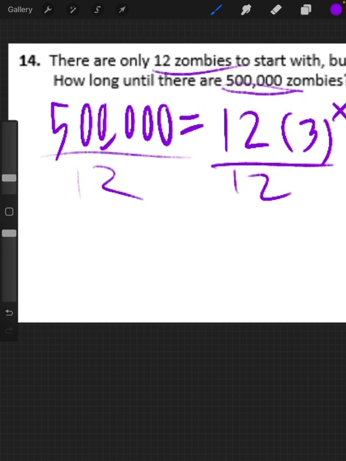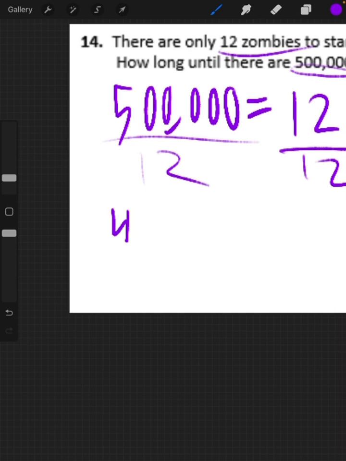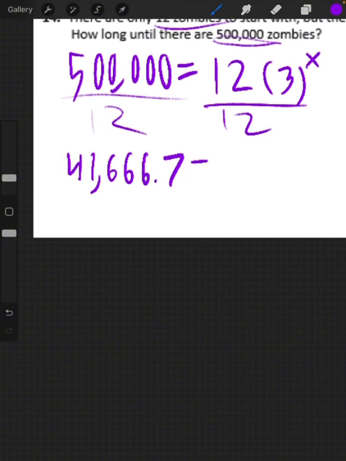So then we have a really long number. It doesn't tell me what number to round to. I'm just going to round to the nearest whole number. Make my life easier. 6. No, I'm going to round to the nearest tenth place because 666 is funny. Okay, equals 3 to the x.